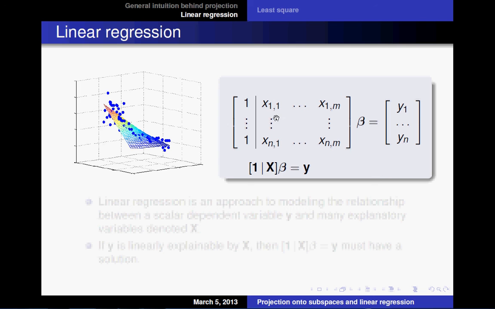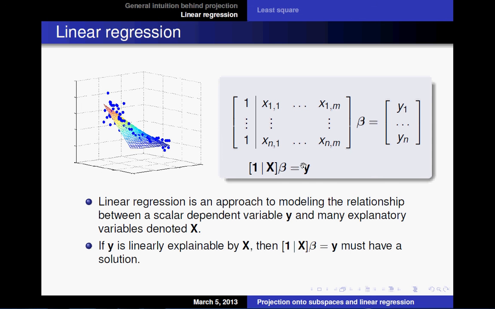In this case, if the mapping between this m-dimensional space and this line is a linear one, if there exists a plane which passes through all the points, which interpolates all points, well, this system will have a solution.